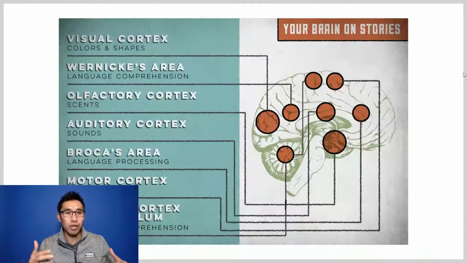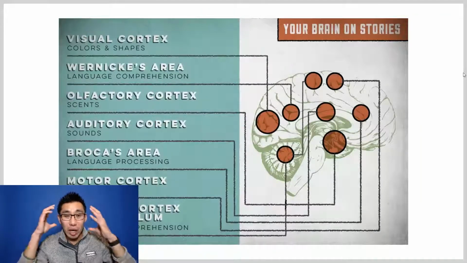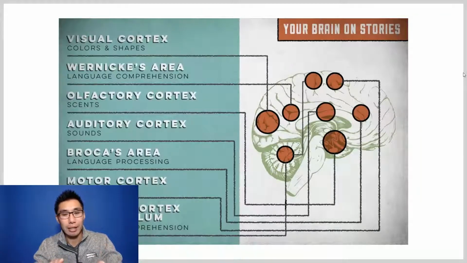They start imagining what the pizza tastes like, what it smells like, what it looks like. That's why when your brain is hearing a story, it just lights up more. It becomes more memorable, more persuasive, and at the end of the day, just more human.